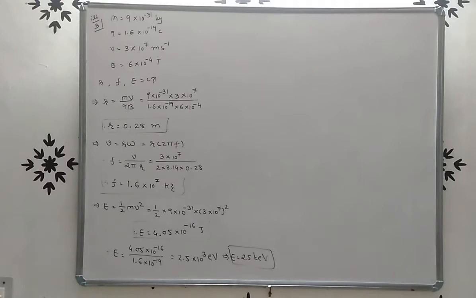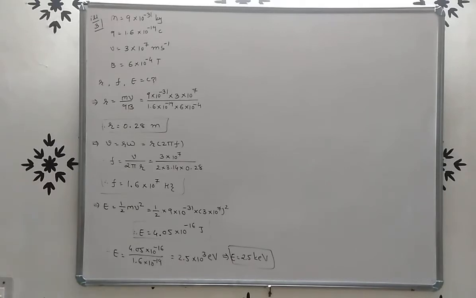Then we put the value of m, v, q and B. So we can easily find out the value of radius. Then to find out frequency, we know that v is equal to r omega, but omega is equal to 2 pi f, right? So here we formulate f, so we can easily find out the value of frequency.